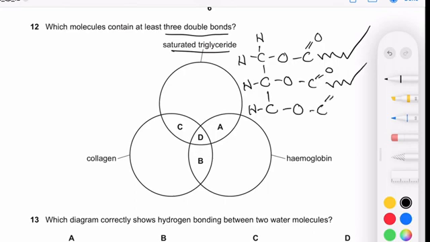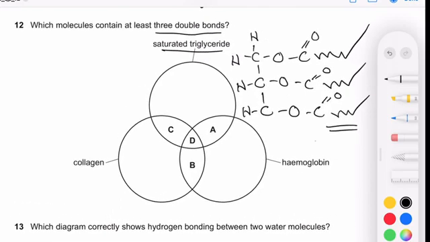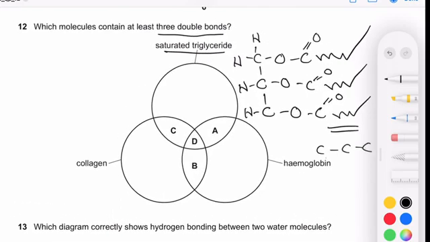This zigzag shape represents the fatty acid chain, and because it's saturated, there are no double bonds within the fatty acid chain. It's only carbon to carbon to carbon, with hydrogens all over the place, no double bonds at all. If I wanted to draw an unsaturated one, I would draw something like this. Anyway, it is saturated, so the only double bond here is this one.